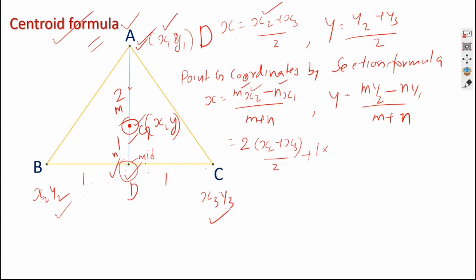Actually I should copy this x2 plus x3 upon 2 as the x coordinate of D, and y2 plus y3 upon 2 as the y coordinate of D.